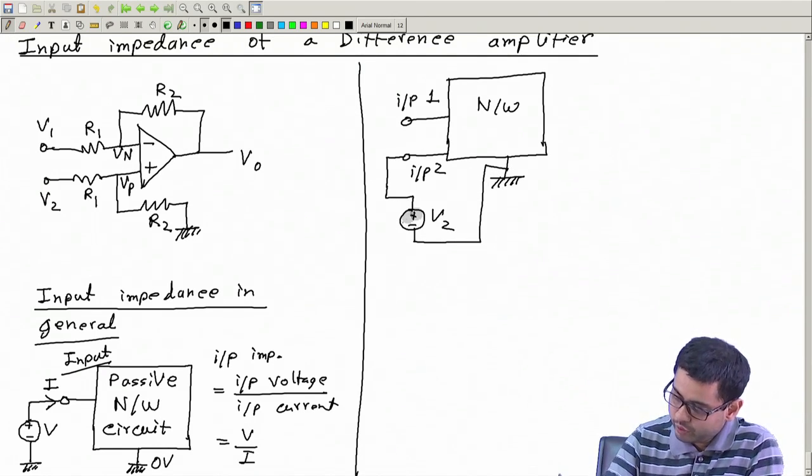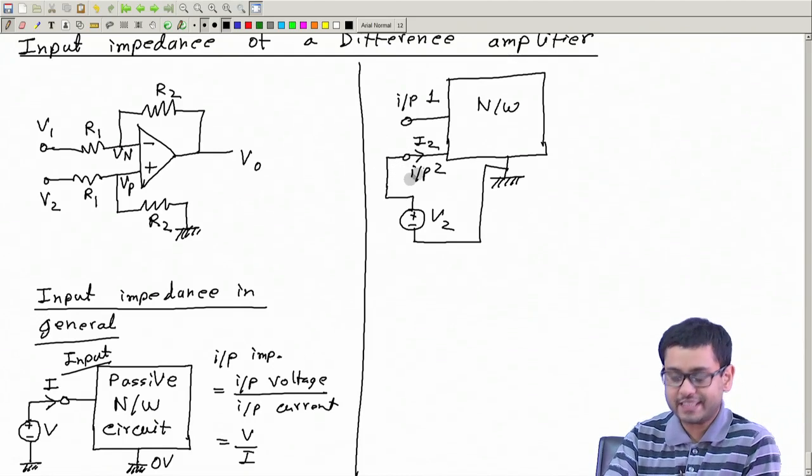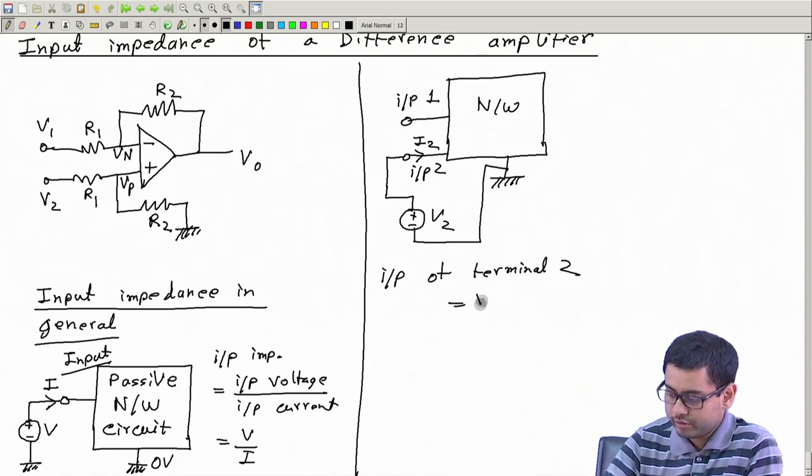Then when you apply this voltage, it will draw some current, call it I2. Then you can define the input impedance of this terminal 2. This is V2 by I2.